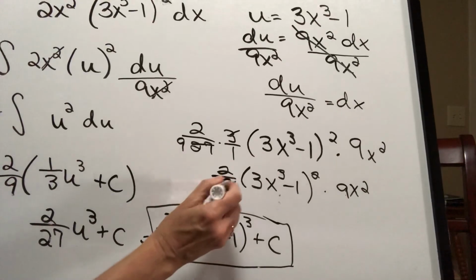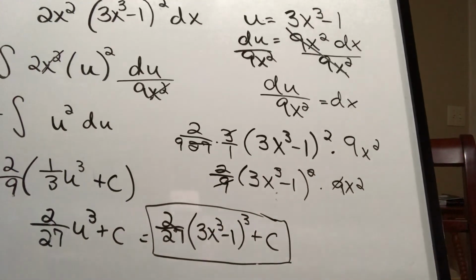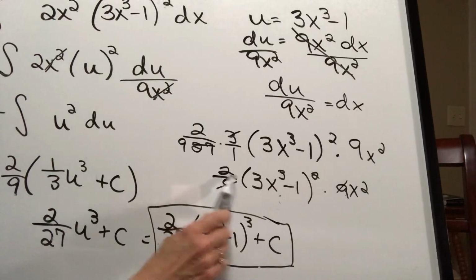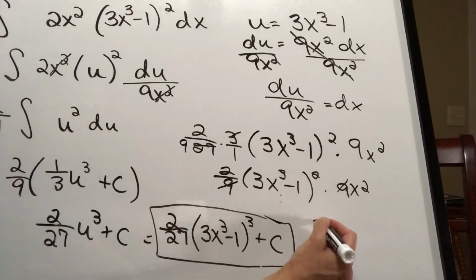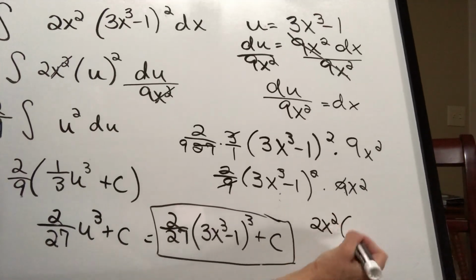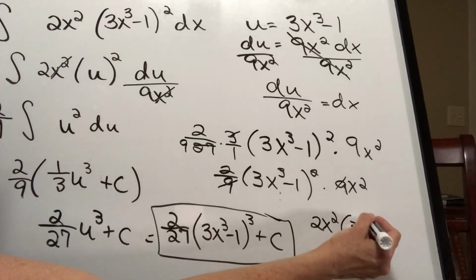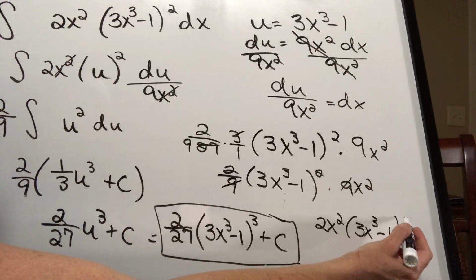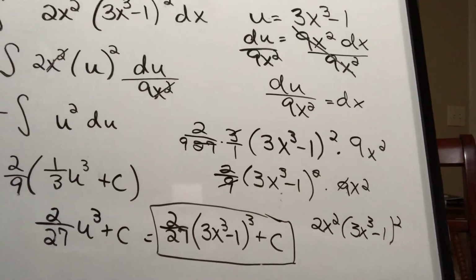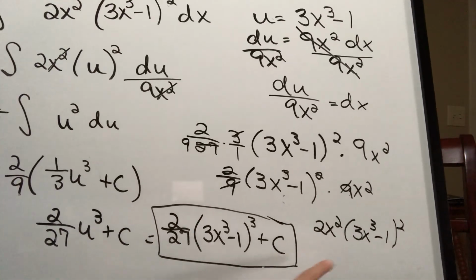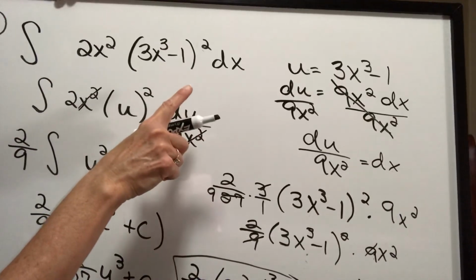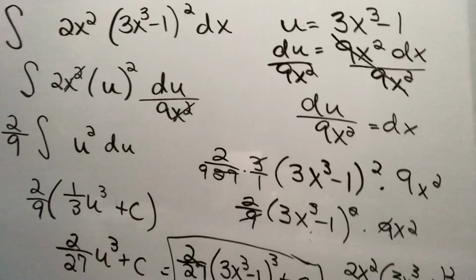The 9's will cancel out, because one's on the top, one's on the bottom. And then you can combine 2 with x squared, so that would be 2x squared. And then you would have the parentheses the same. Sorry, I'm reaching way over here. Notice that what we ended up with here is the same thing as what we started with up here. Okay, so we got it.